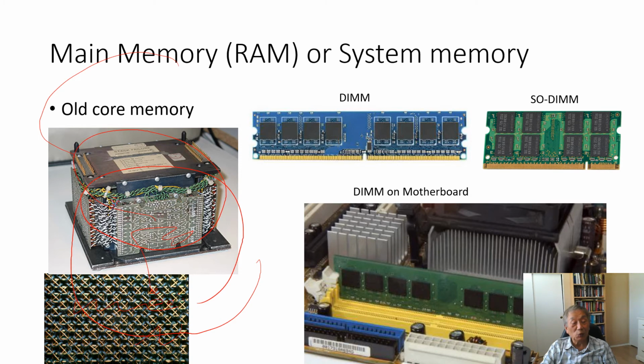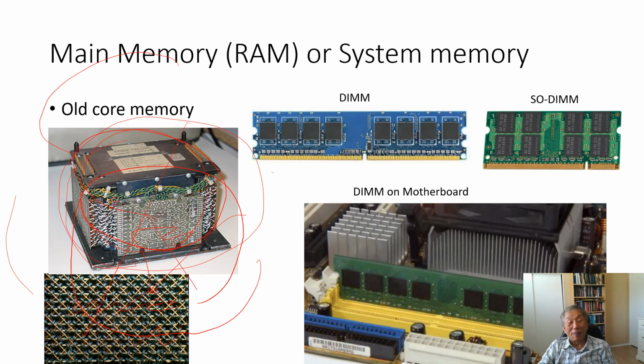It's one ring, and there are two wires passing through, and depending on how the electricity is coming in, this becomes north side or south side, which makes 0 or 1. So this is the memory. But this one takes just several megabytes only, and still it is this big. That's the old days, not anymore.